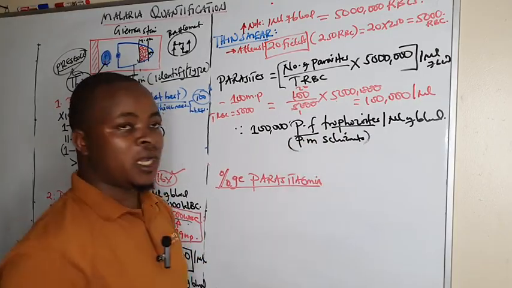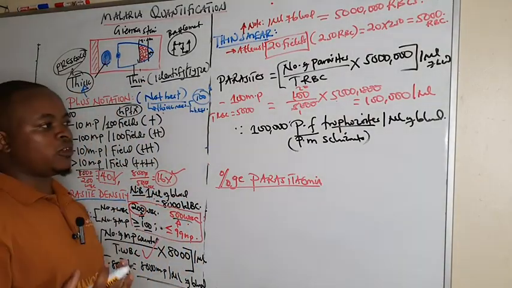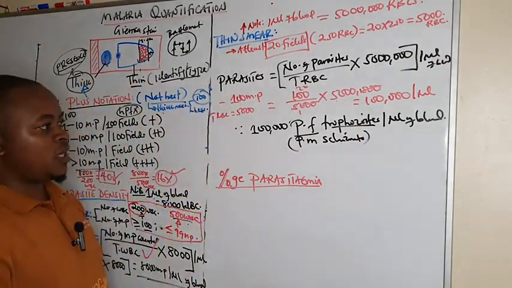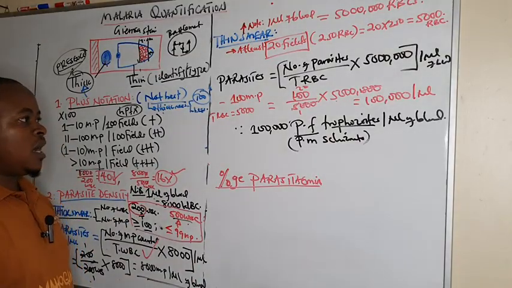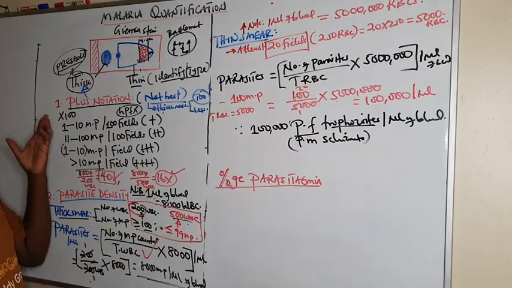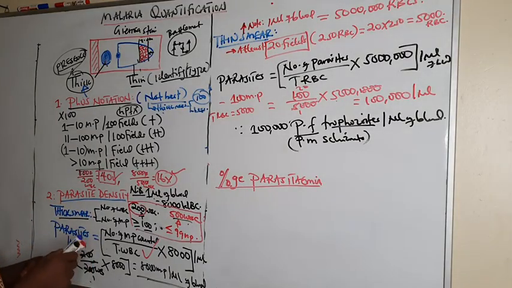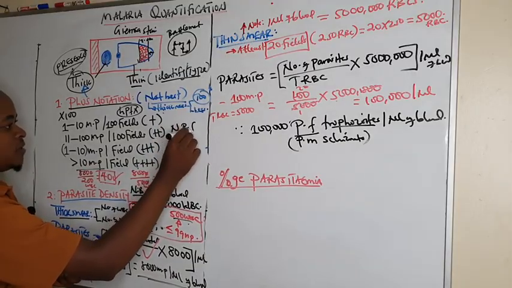So you make sure you identify the species and the stage, and in case there are also pigments in the white blood cells, you can report them, and also the gametocytes separately. And in case you don't see any parasite after counting 100 fields, you report no parasite found.